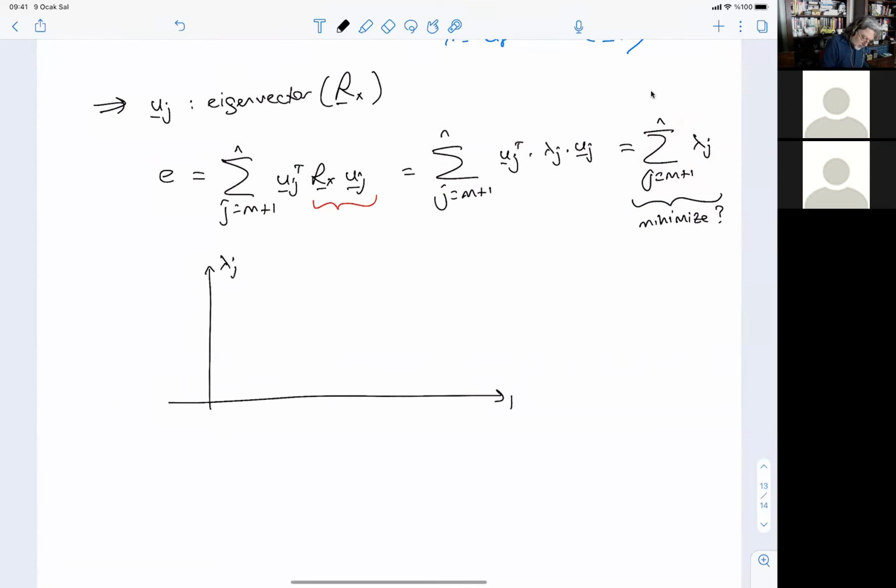So what we really do is we choose lambda j's on the j-axis to be in descending order. Sorry for my messy drawing. So this is the layout of the eigenvalues that I put on the j-axis in descending order, so that if you choose any m value, the summation to the right of it will be minimum.